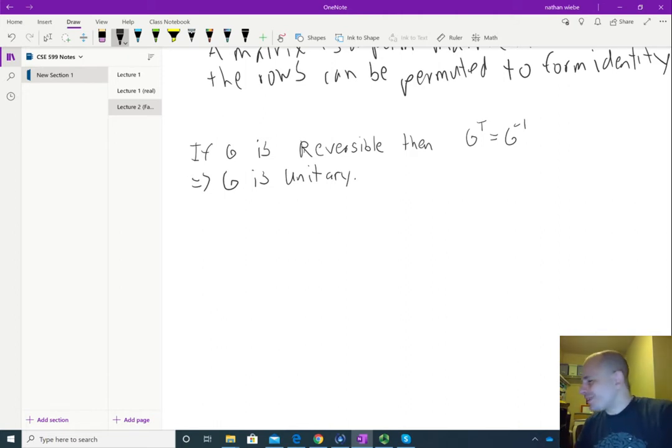But anyways, the way that we're going to deal with this is, again, using the properties of the transpose that I showed you earlier. Okay, let's say that G is reversible. We showed previously that if it's reversible, then it's going to be a permutation matrix. It'll be something like this, right?